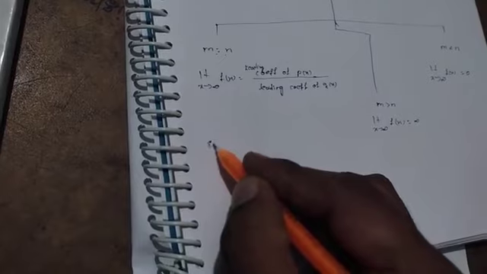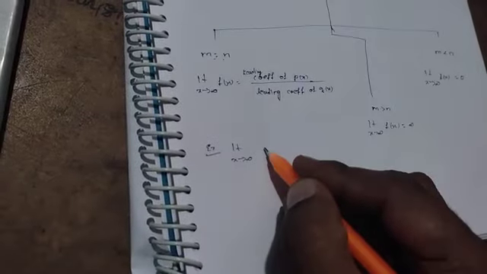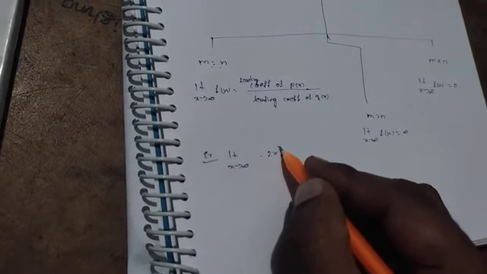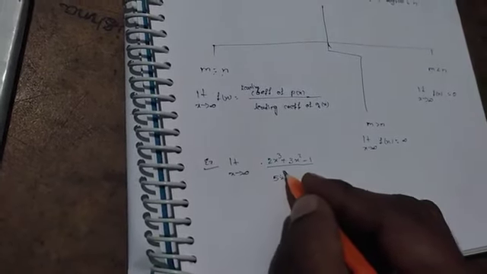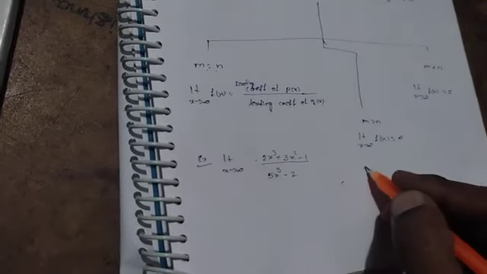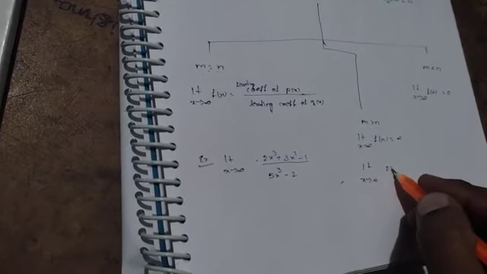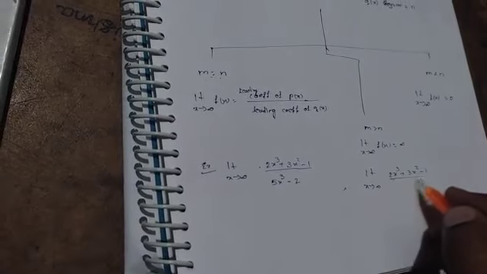For example, the limit as x tends to infinity of (2x cube plus 3x square minus 1) by (5x cube minus 2) is the first one. Next, the limit as x tends to infinity of the same numerator, 2x cube plus 3x square minus 1, by 5x minus 2.